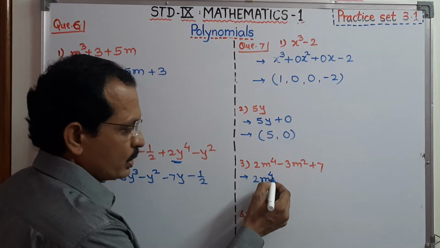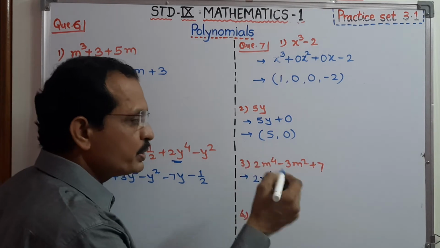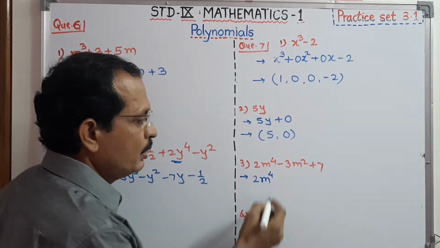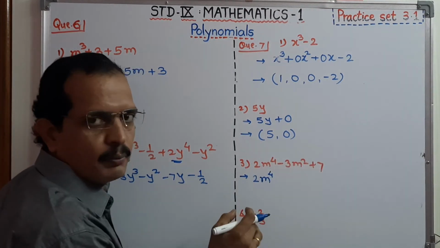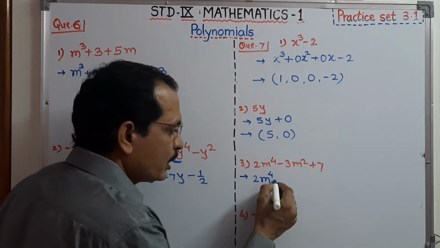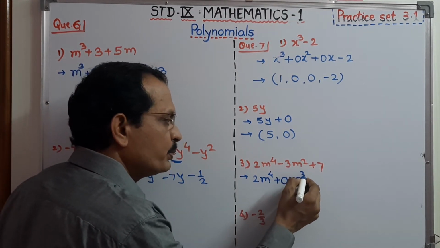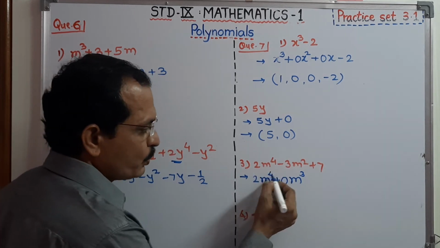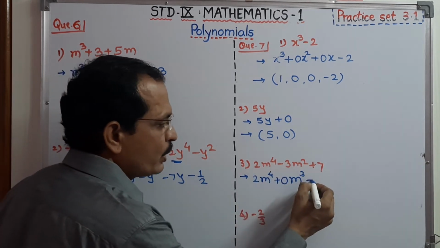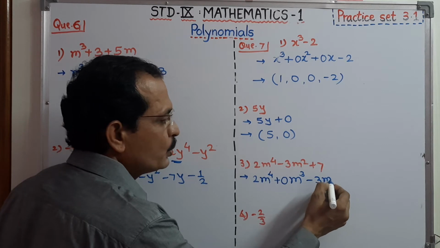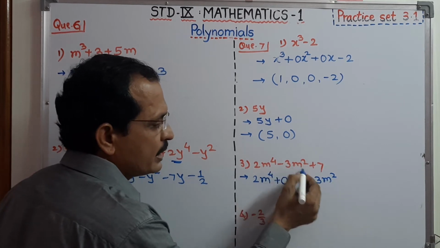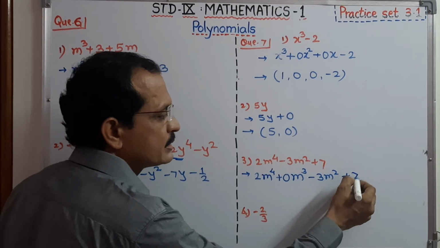After index 4, there must be a term having index 3, but it is not there. Therefore we write plus 0m cube. After 3 we write 2, which is given, minus 3m square, and this is 7.